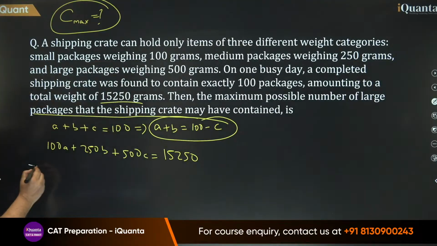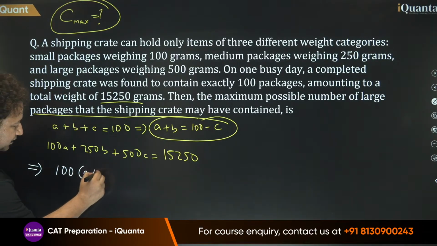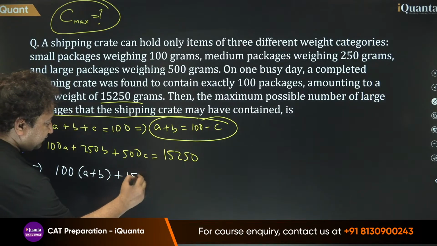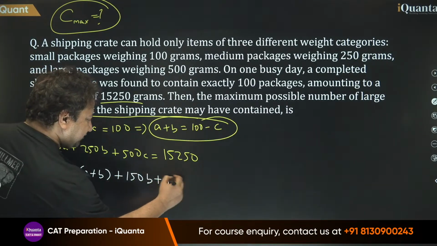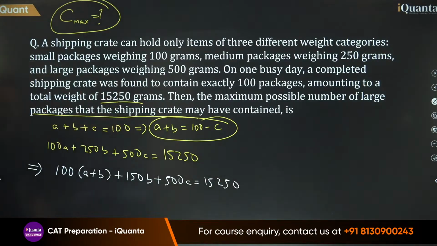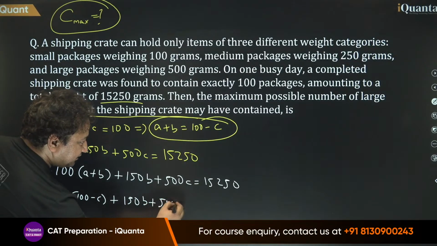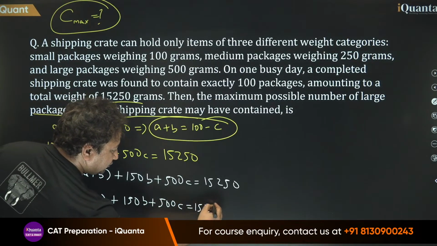I can just rewrite this equation as 100 times A plus B plus 150b plus 500c is equal to 15250. Do you understand this? I took 100 common and broke this up, 100 plus 150. And a plus b is 100 minus c. So 100 times 100 minus c plus this 150b plus 500c is equal to 15250.